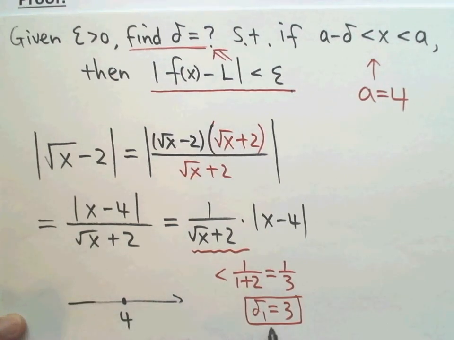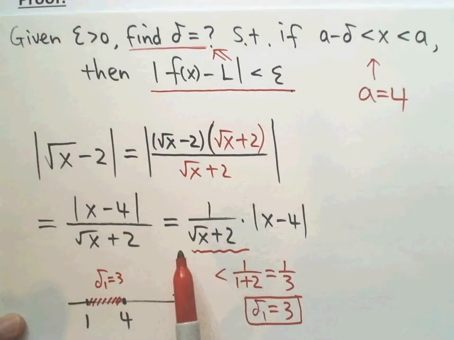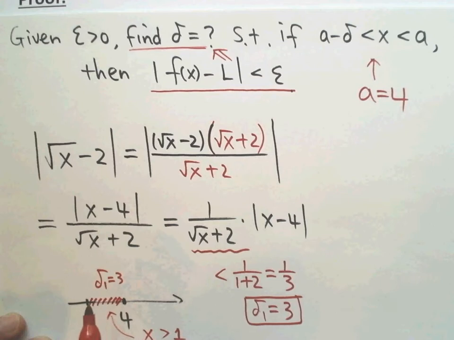If delta 1 equals 3, the neighborhood of radius 3 around 4 means this is 1. Can you see this? With delta 1 equals 3, all the x will go into here. This is the left side, right? What do we see? We can get x is greater than 1.